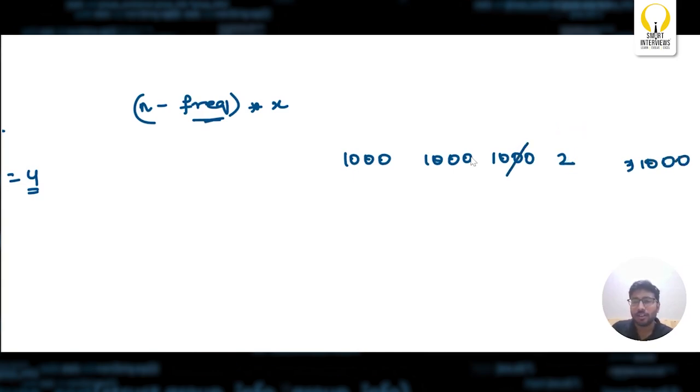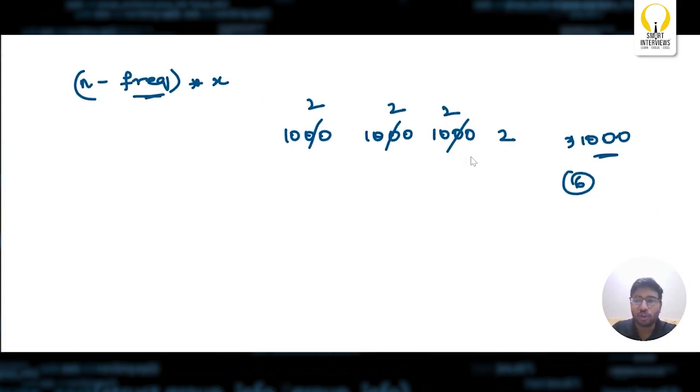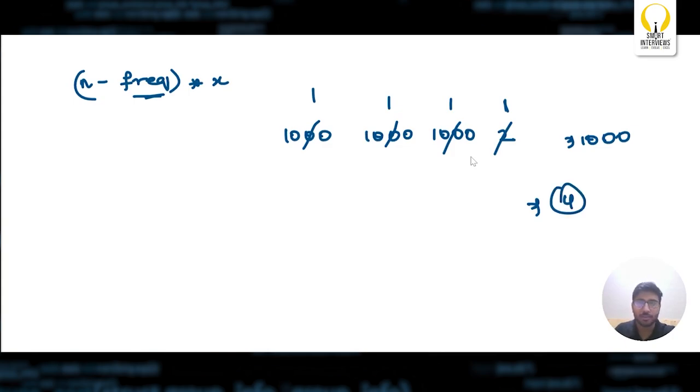But instead, if I make them equal to 2, the overall cost will be 2 into 3, nothing but 6. 6 is better than the value 1000. Now, there is one more case where we can simply replace the values by 1, right? We can simply replace the values by 1, which will give us the cost as 4. And this is the minimum for this case.